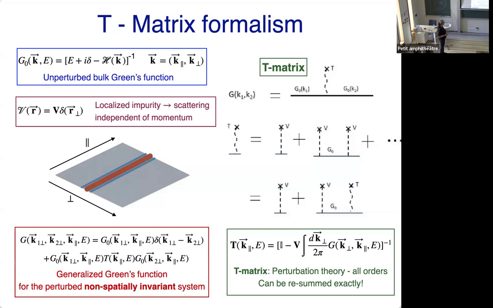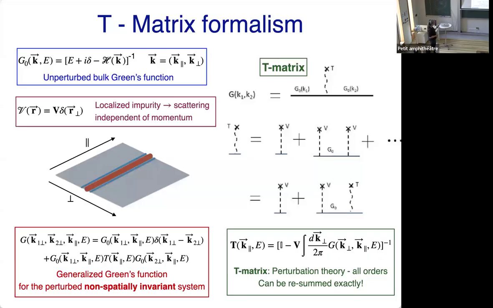So the sum of all these diagrams to all orders is what we call the T matrix. And it has this formula. I'm not going to tell you how it's calculated, but it has this formula, this T matrix. And then we know exactly the formula of the generalized Green's function as a function of these two momenta from the starting Green's function of the free, pristine system.